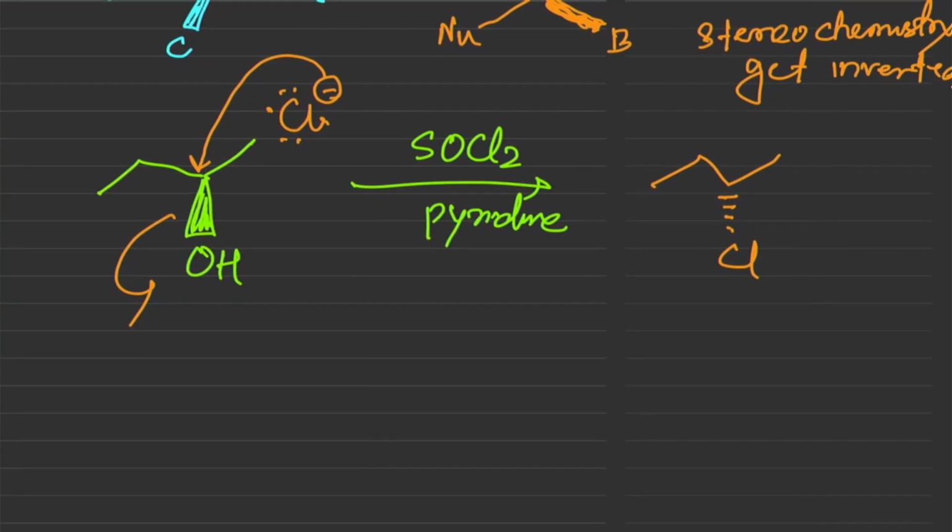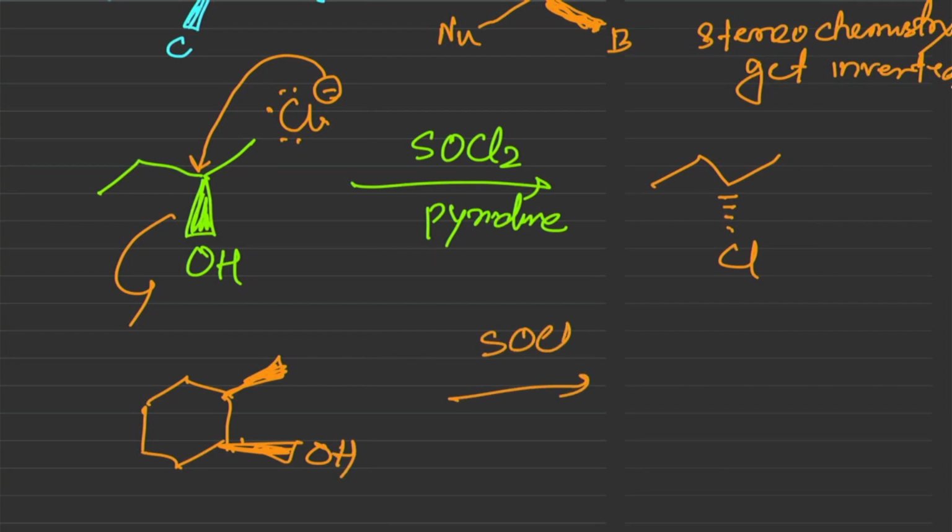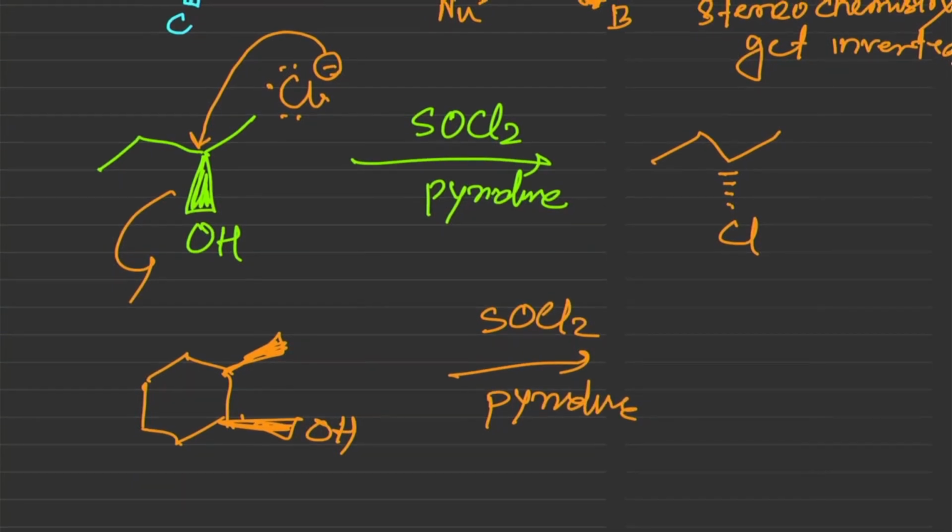Let's do one more problem. Okay, so we got a structure like this, with OH, and let's say you want to do SOCl2 and pyridine. So in this case, the OH group is to the top. So chlorine has to approach. I'm not drawing the entire mechanism, I'm just showing one of the intermediates.